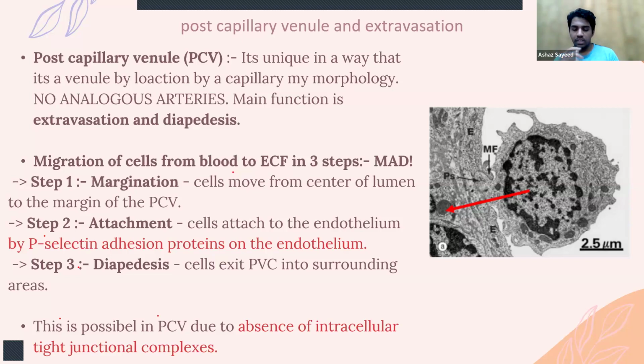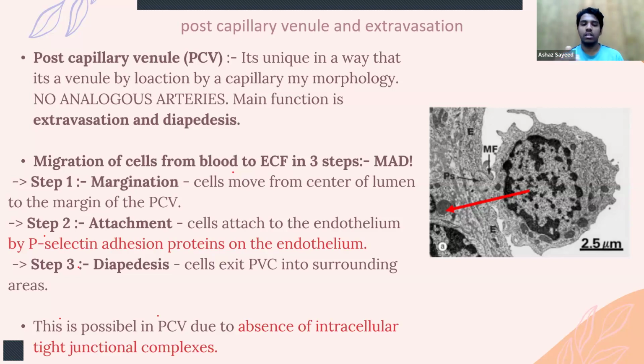So for example, let's say you have inflammation, a bacterial invasion or an injury or something like that. What happens is, to combat this injury or infection, you're going to have neutrophils. Neutrophils are going to move from the blood vessel into the extracellular fluid.